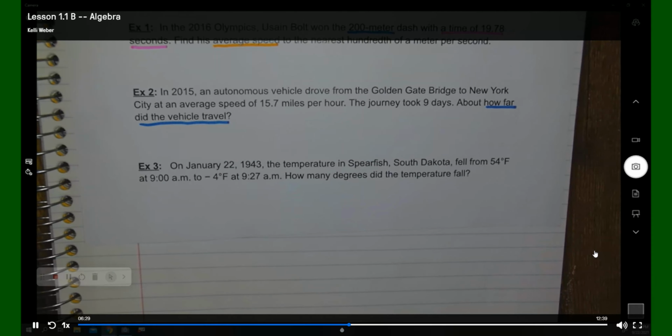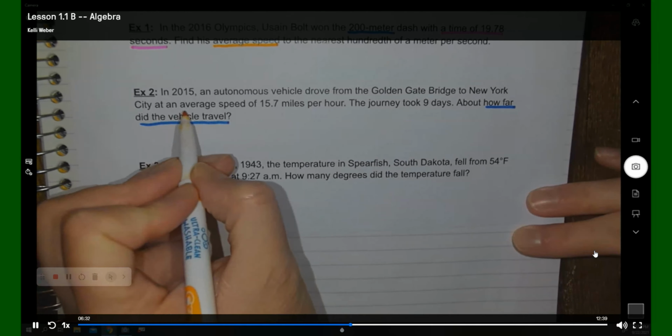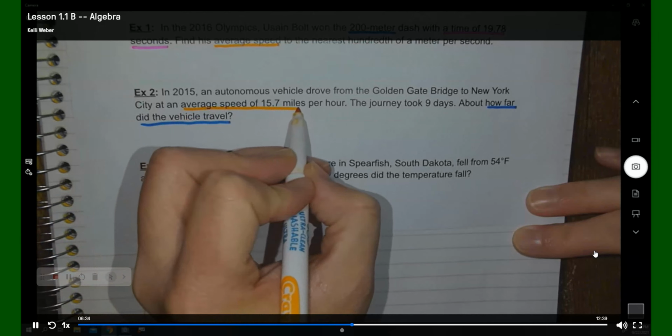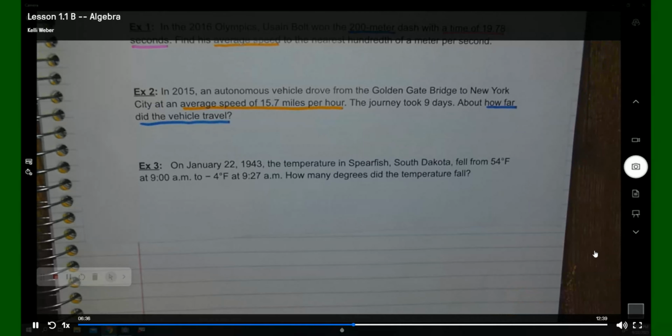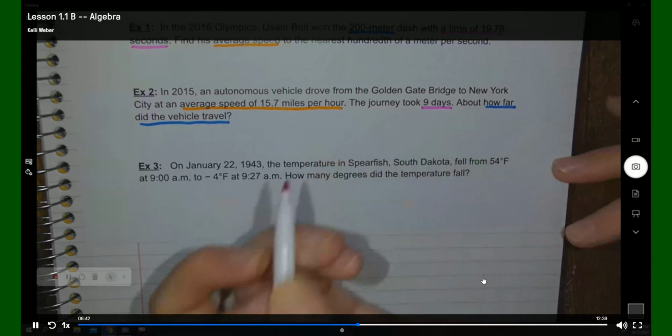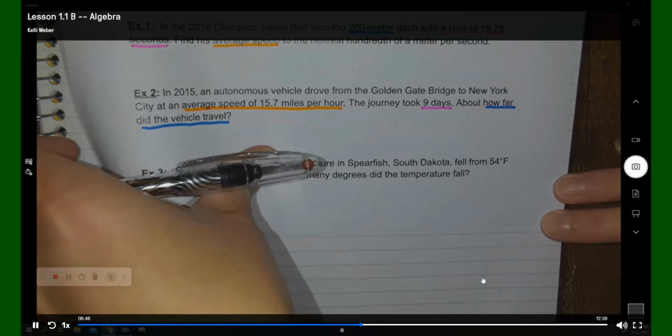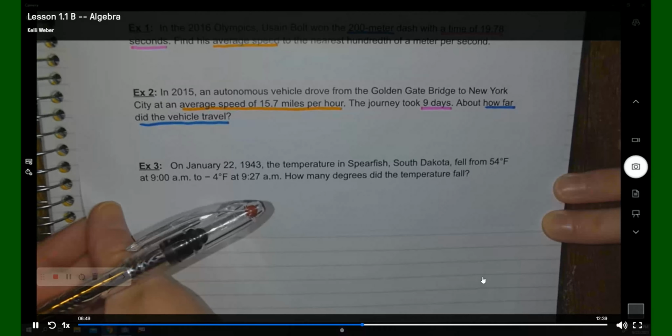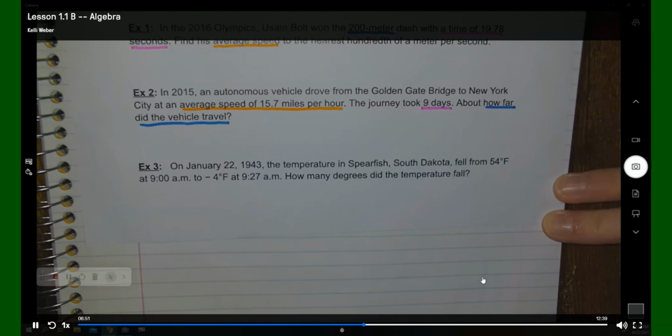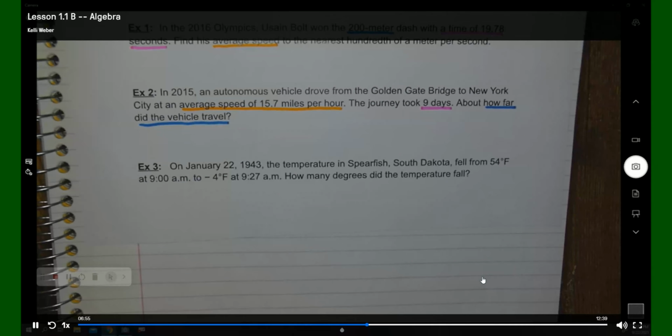They told us that the average speed was 15.7 miles per hour. And they told us the time. It took 9 days. So we're going to calculate that into our equation.